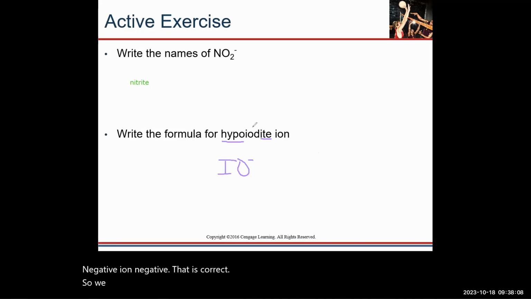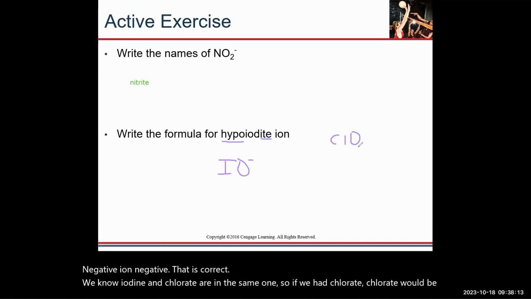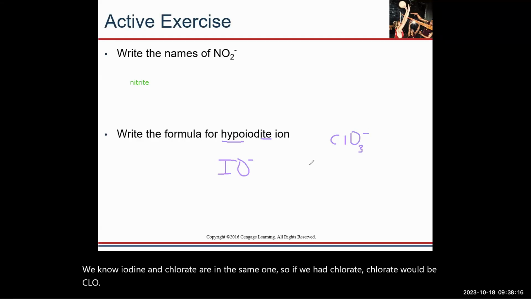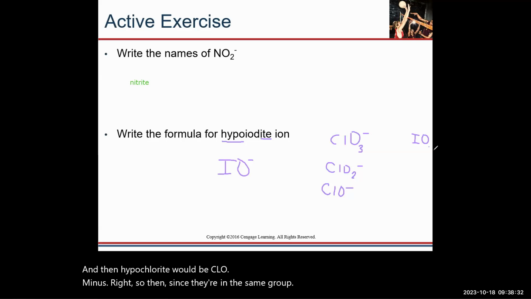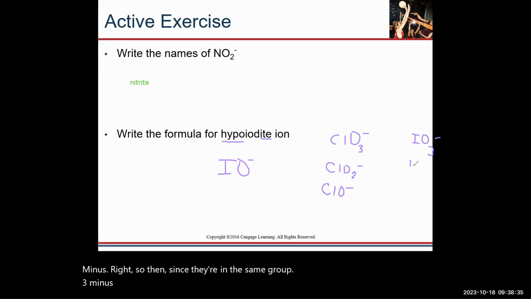So we know iodine and chlorine are in the same group. So if we had chlorate, chlorate would be ClO3 minus. Chlorite, ClO2 minus. And then hypochlorite would be ClO minus, right? So since they're in the same group, iodate is IO3 minus, iodite is IO2 minus, and then IO minus.